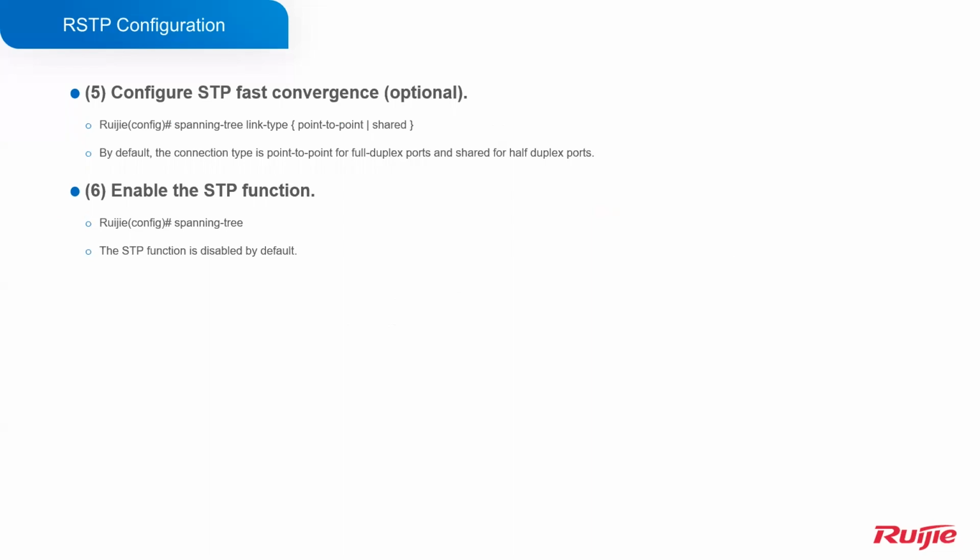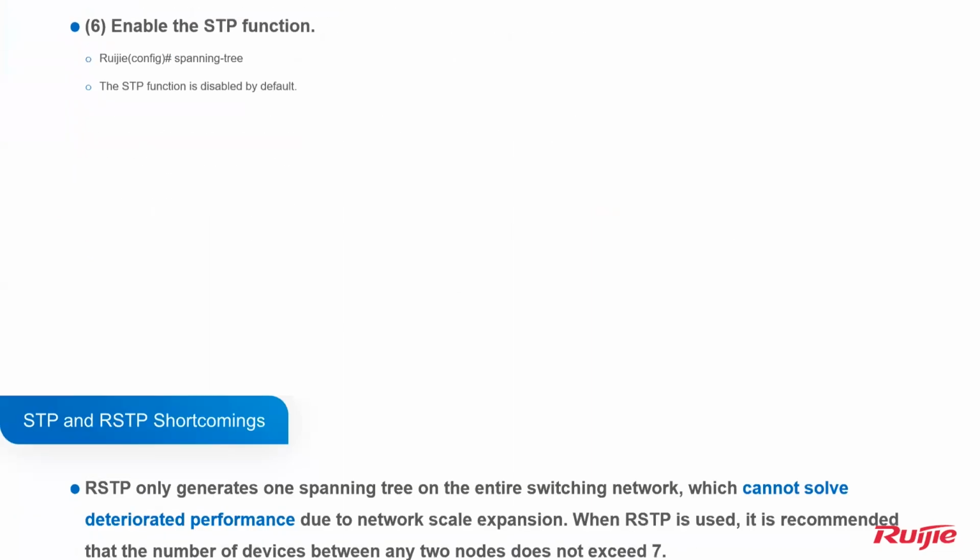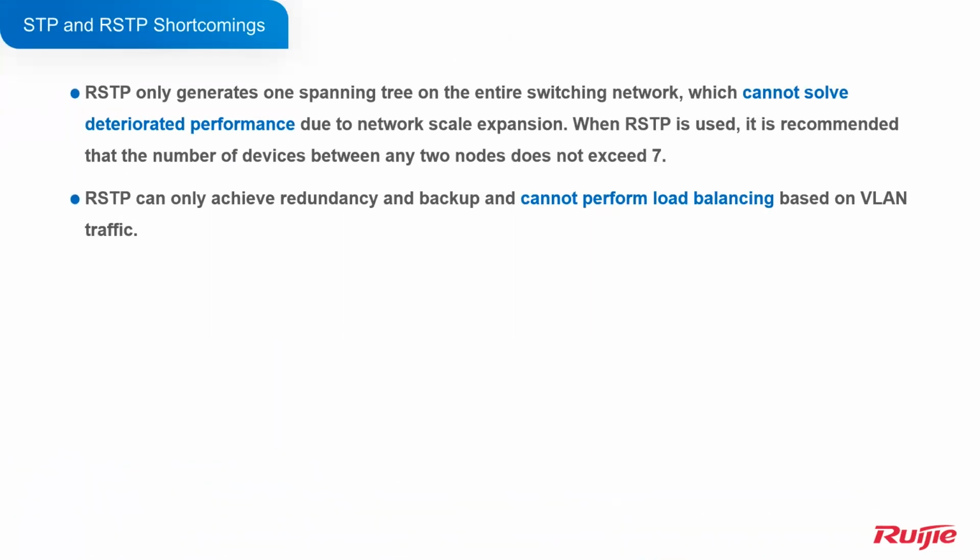But both STP and RSTP have their shortcomings. RSTP only generates one spanning tree on the entire switching network, which cannot solve the data forwarding performance problem due to the network expansion. When RSTP is used, it is recommended that the number of devices between any 2 nodes does not exceed 7.